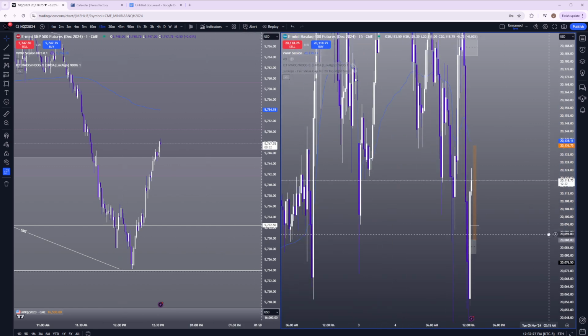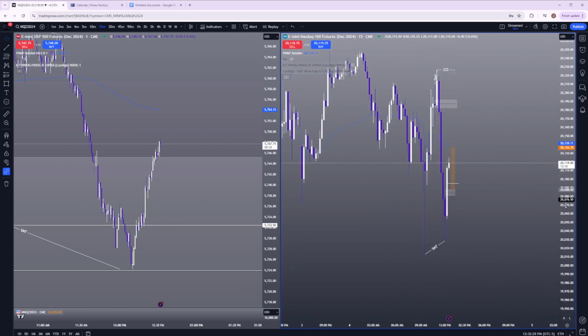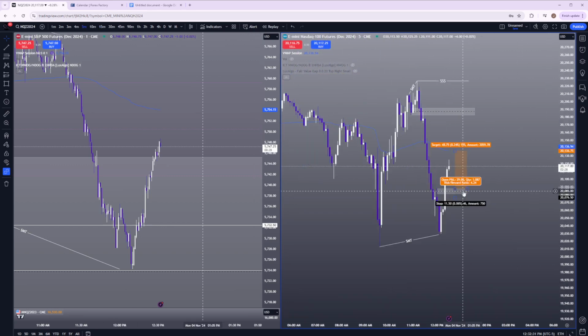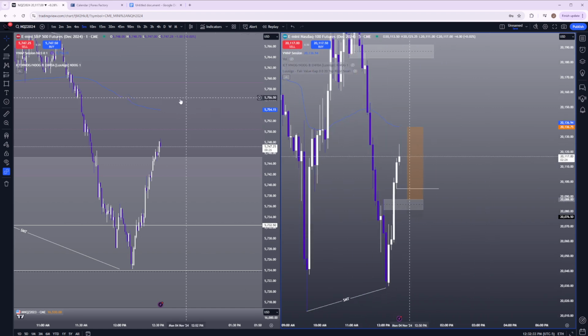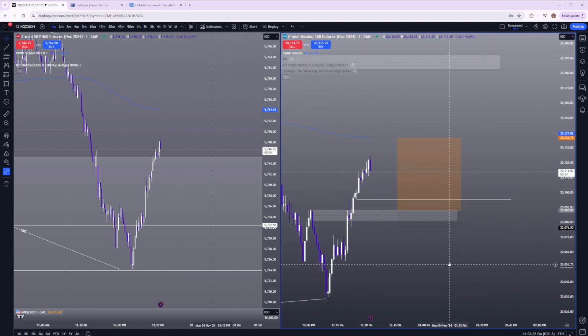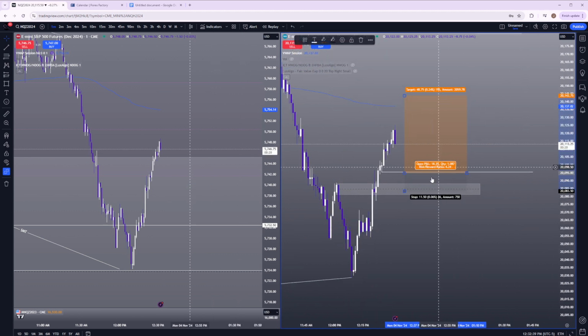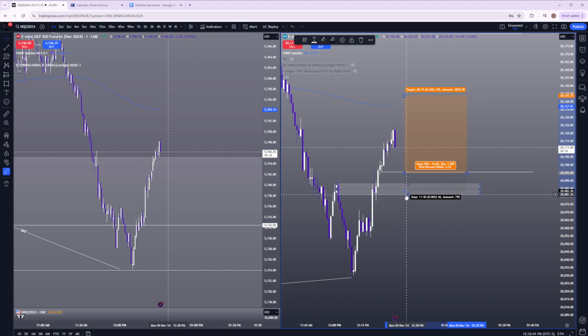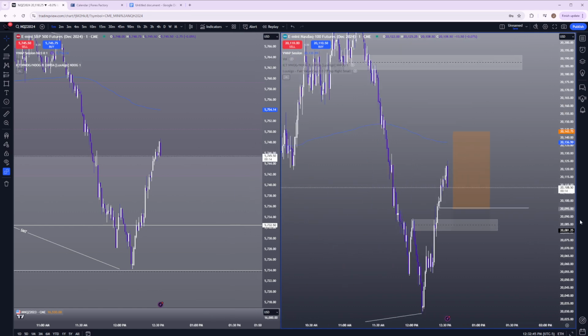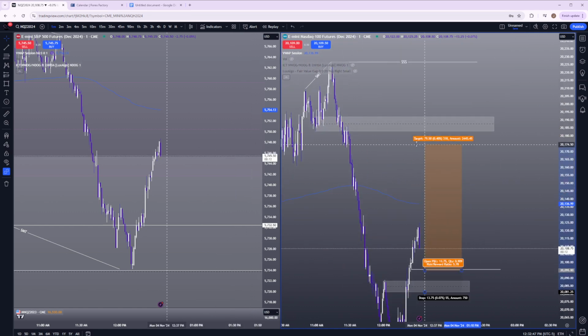I want to see if we can come back into the 5-minute here. Diamond hands, I love it. See if we can get a nice little entry model here. Because look, we're looking to catch this one all the way back up to at least the breaker and then possibly up to high of day.